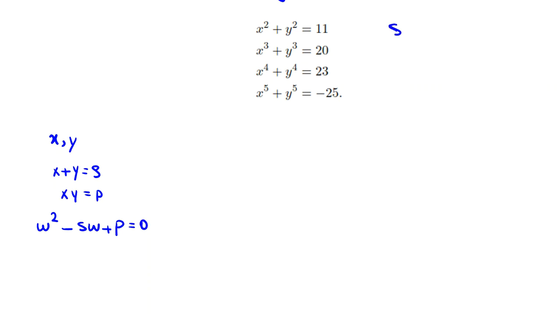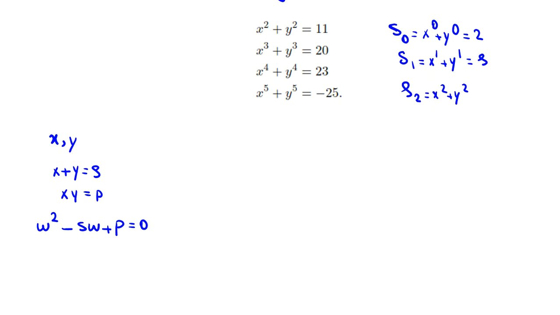S0 is what? S0 is x to the 0 plus y to the 0, which will be 2. S1 is x to the 1 plus y to the 1, which we said we consider x plus y as s. S2 is x squared plus y squared.